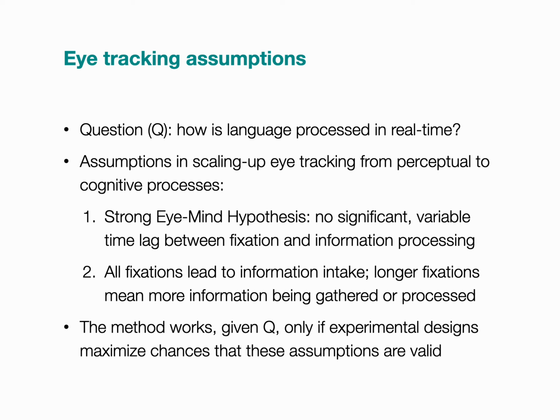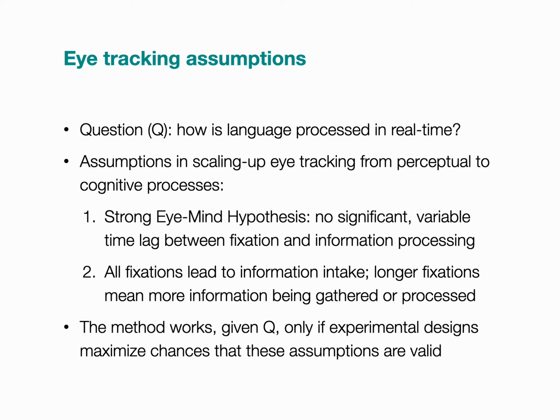Because if there is such a time lag, then we cannot correlate eye movements with cognitive processes, so we cannot use the former to draw inferences about the latter. A second assumption is that all fixations should lead to information intake, and that the longer a participant fixates on an aspect of the stimulus, the more information is being gathered or processed about the stimulus.